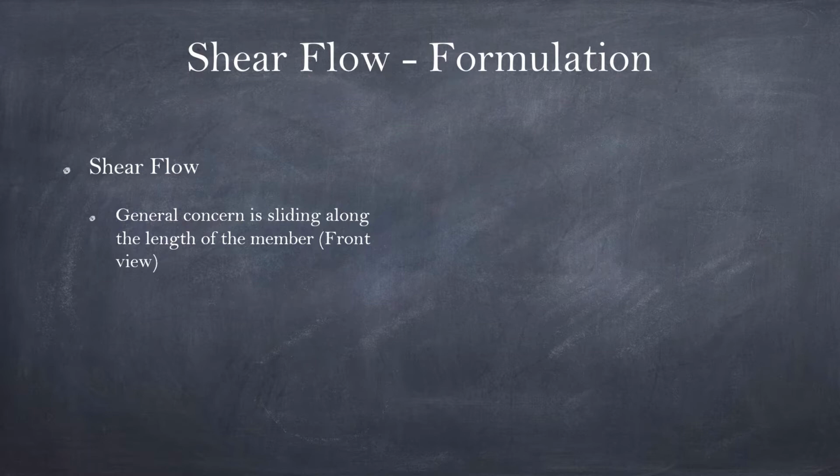How are they going to behave together? Shear flow, however, is not a stress. It is related to longitudinal shear, and the unit is force per length. Notice the unit is force per length because it's more convenient to work with than shear stress, which is force per unit area and becomes less useful, as you're going to see in the calculation a little later.